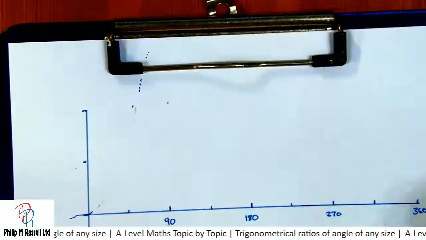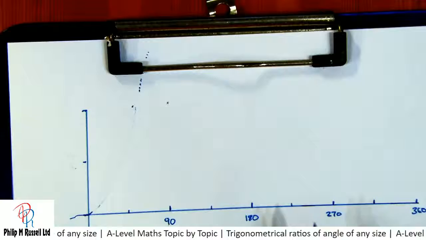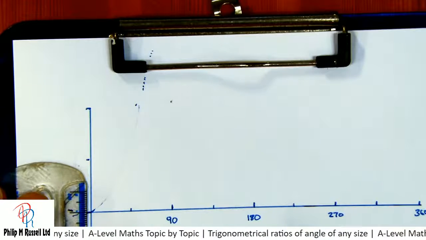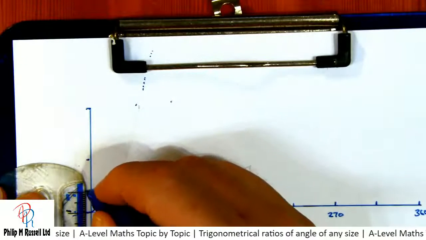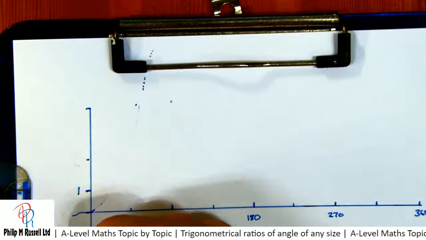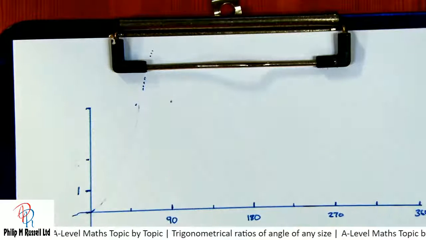And I can set my value of 1 perhaps much lower. So here we're going to have my value of 1 and minus 1.